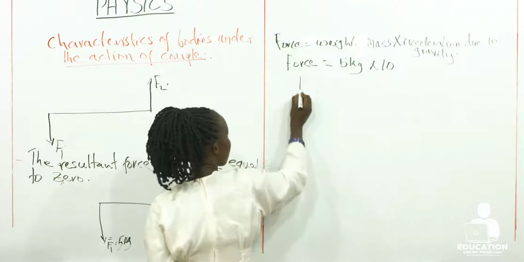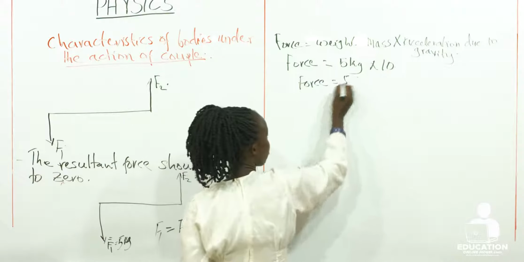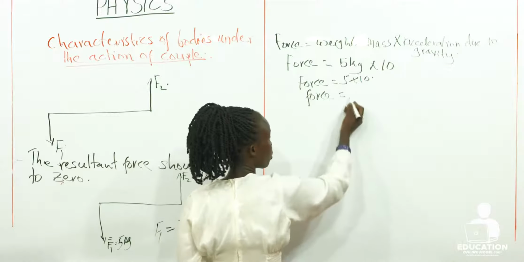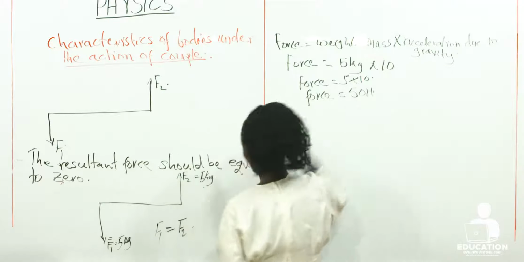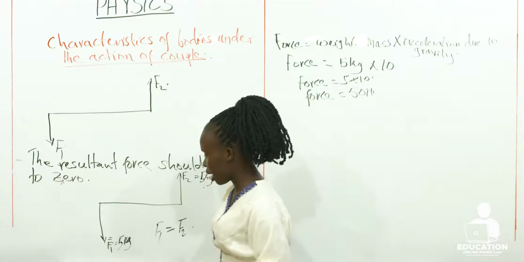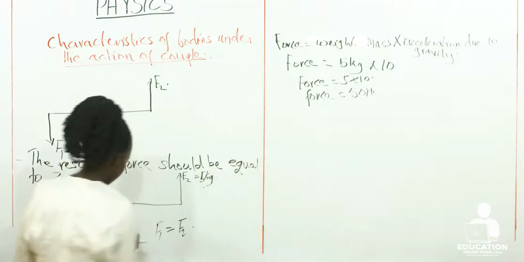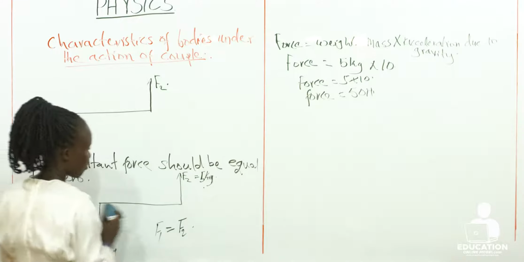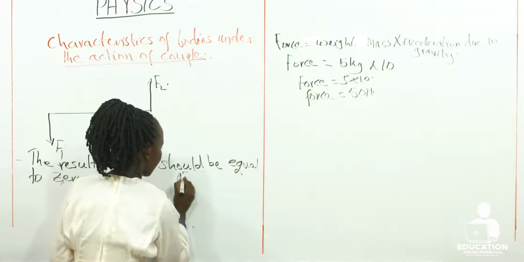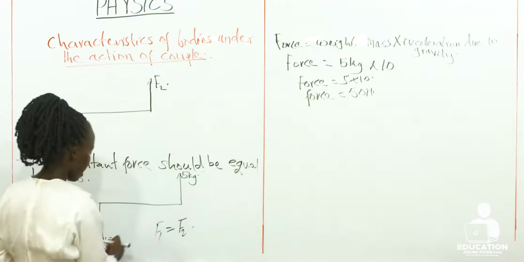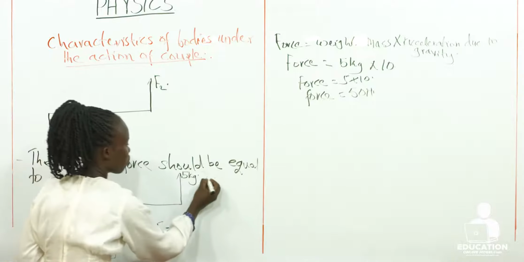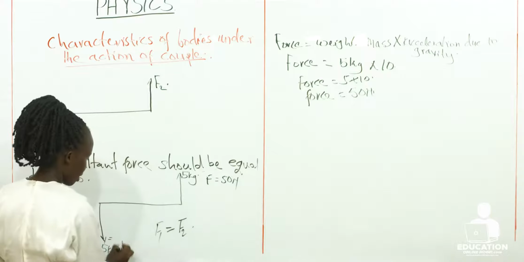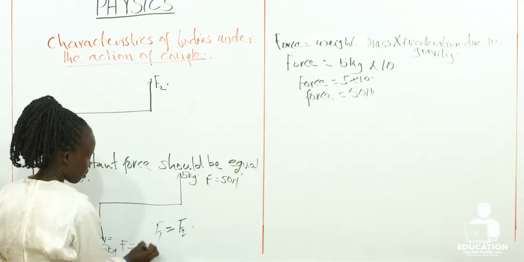So we shall have force equals 5 times 10, which is 50 Newton. If this is a mass of 5 kilogram and this is again a mass of 5 kilogram, to balance it, the first force here will be 50 Newton, and the force acting here to balance that force is 50 Newton.